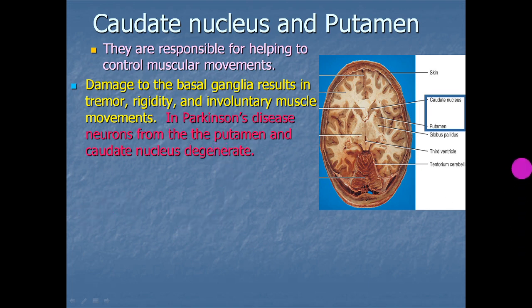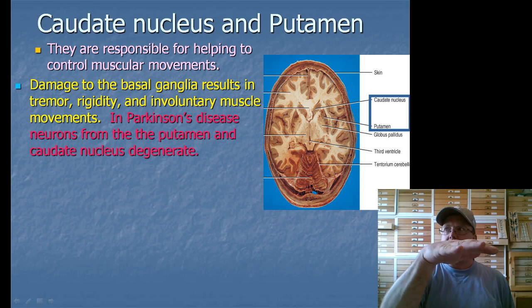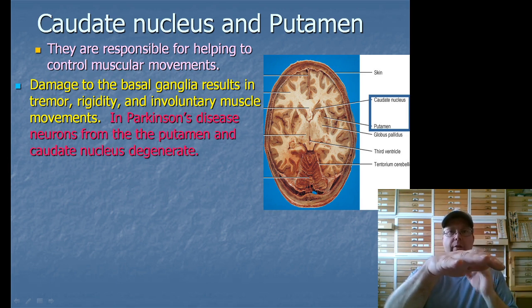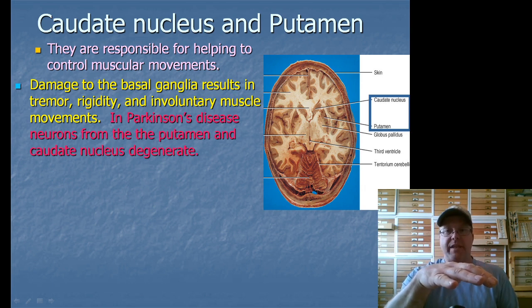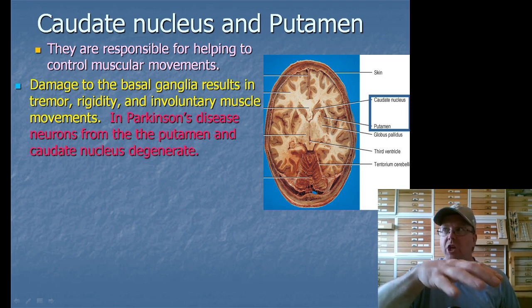So if I hold my hand out here, my hand is pretty stable. That's because my basal ganglia is controlling these large skeletal movements. If this area begins to get damaged, then we can no longer control those large skeletal movements and we start to shake.